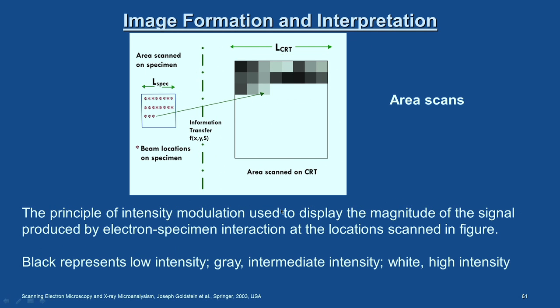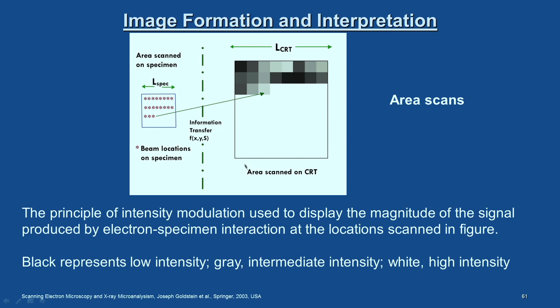So now, what we actually do here is, for the specimen area where you have the beam locations, what you see on the CRT is the intensity modulation. The principle of intensity modulation is used to display the magnitude of the signal produced by the electron specimen interaction at the location scanned in the figure.